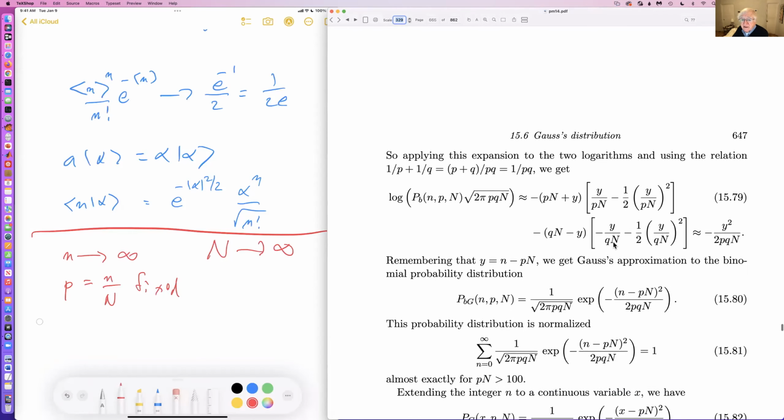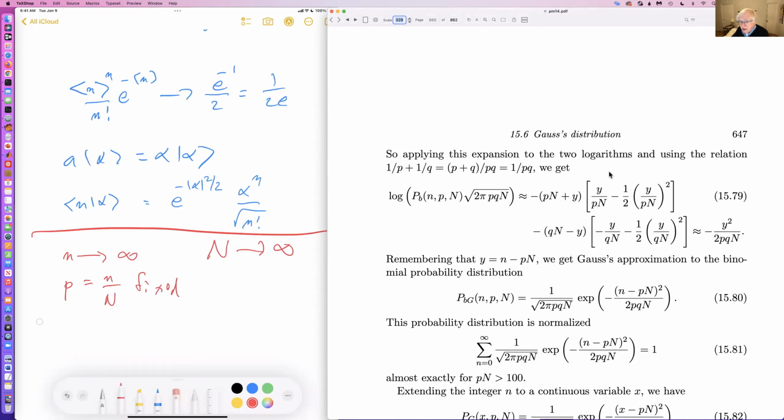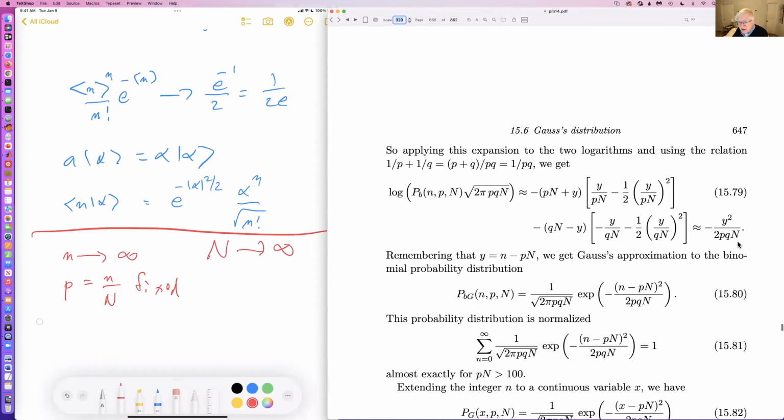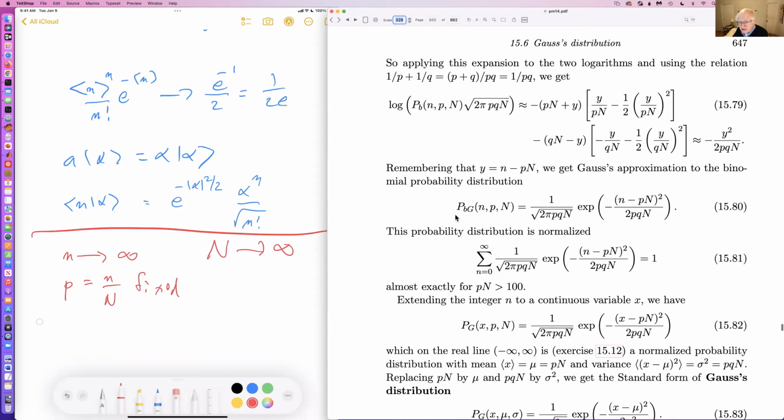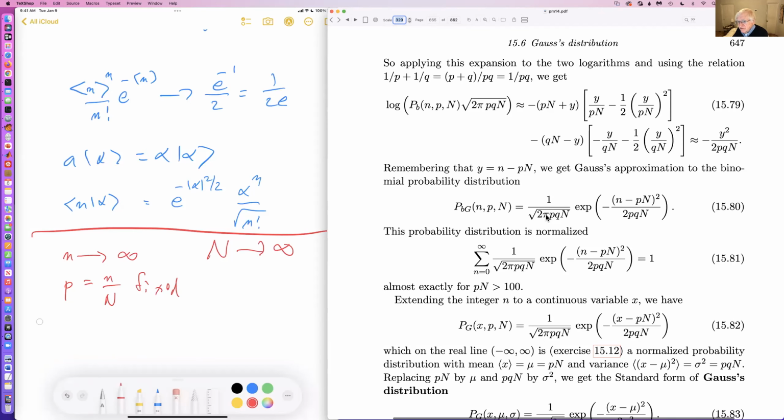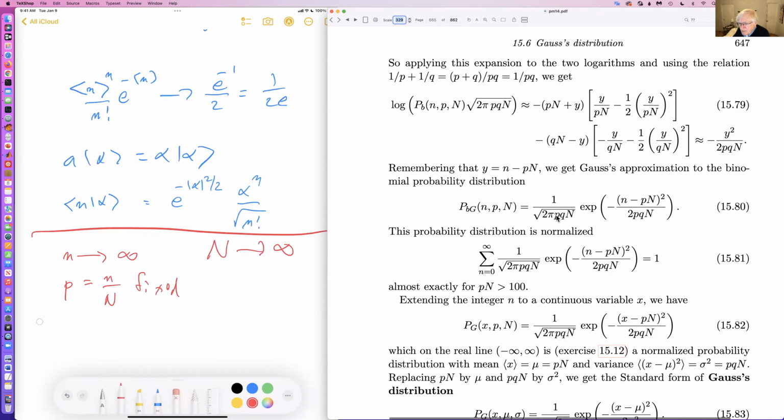And when you do that, you get that this log is these two things in which most everything cancels, and you just get minus y squared over 2pqn. So then Gauss's approximation of the binomial distribution is 1 over the square root of 2 pi pqN, where remember, q is 1 minus p, times e to the minus (n minus pN) squared over 2pqN.